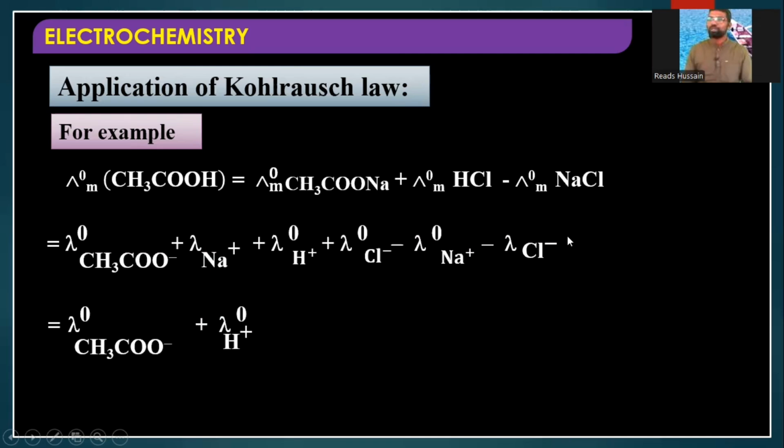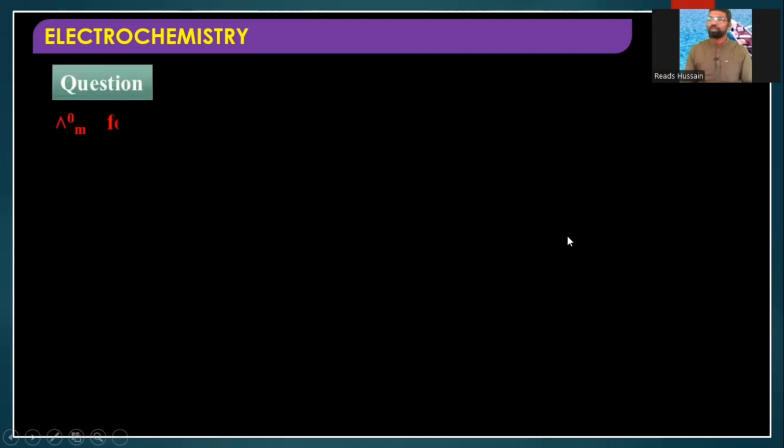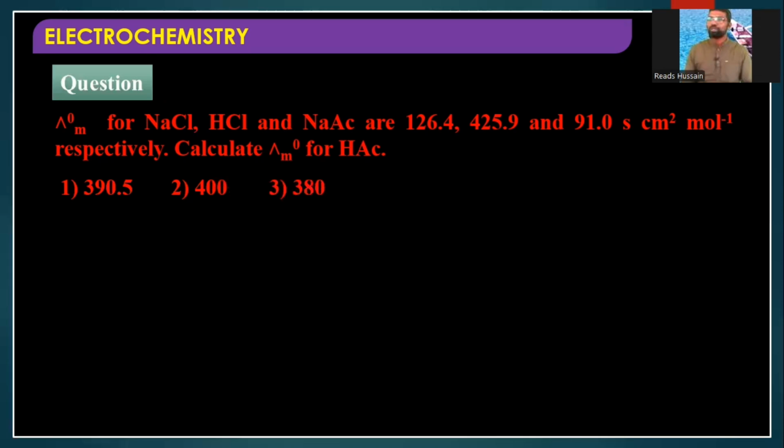Now I am coming back to the question. You add the values of HCl and sodium acetate, that means 425 and 91. You add these two values and subtract the value of NaCl. 425 plus 91 is approximately 516. 516 minus 125.